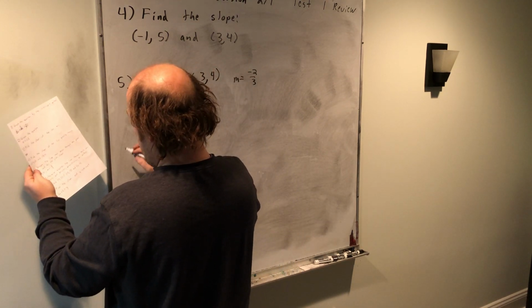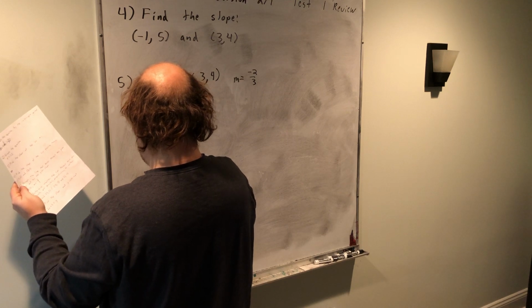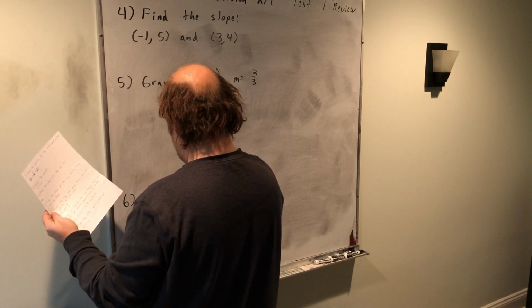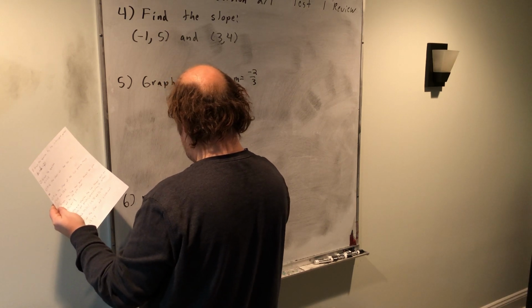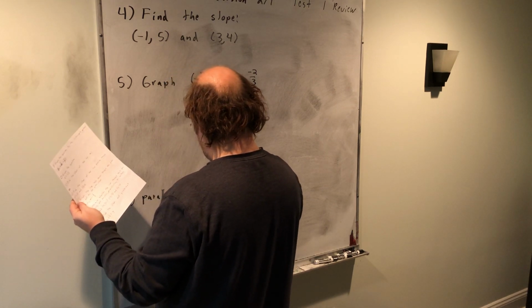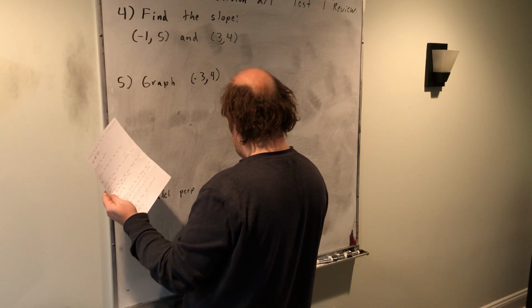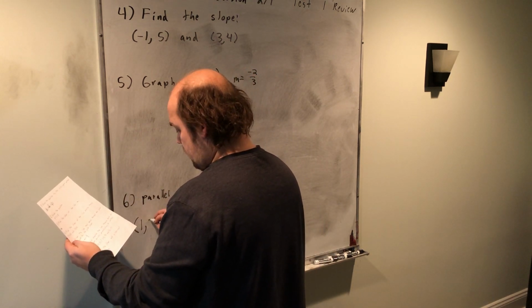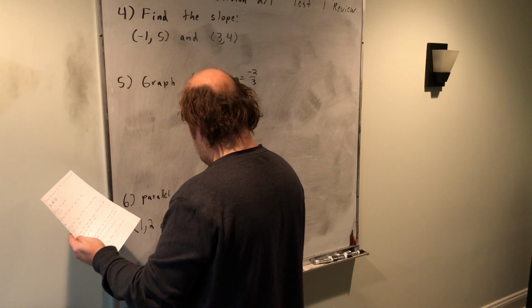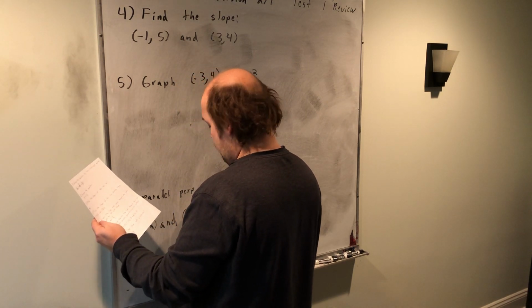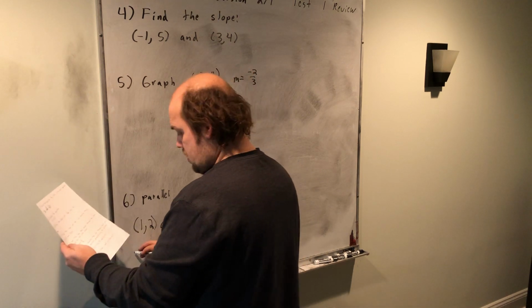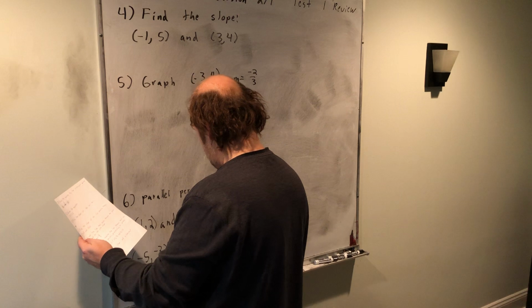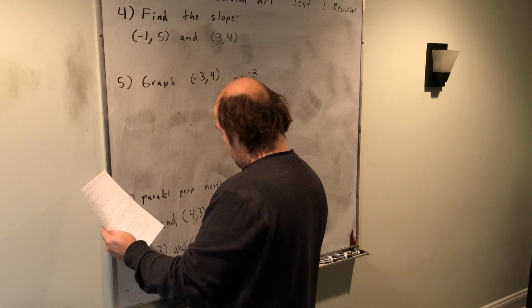And then number 6 says we need to know whether these are parallel, perp, or neither. And we have 2 sets of points, 1, 2, and 4, 3. Then we have -5, -3, and 1, -1.